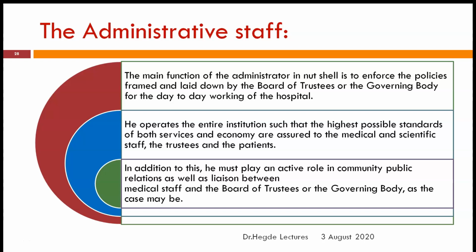He may be providing a link between all the staff, whether it may be PRO, public relationship officer, a medical staff, a board of trustees, a governing body, or a medical superintendent. Day to day, he is reporting all the activities to the medical superintendent or higher authorities, and he will be working in coordination with all the medical teams.